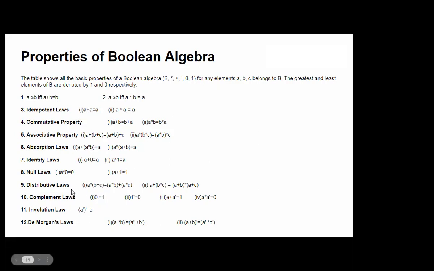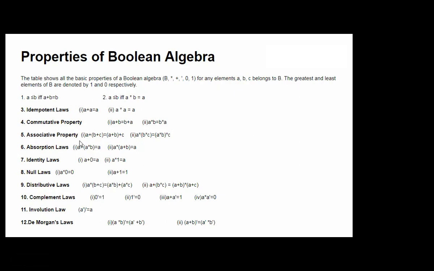And we have already done this tons of times before. Commutative property is there. Commutative means change of element: A plus B is equal to B plus A, and A star B is equal to B star A.